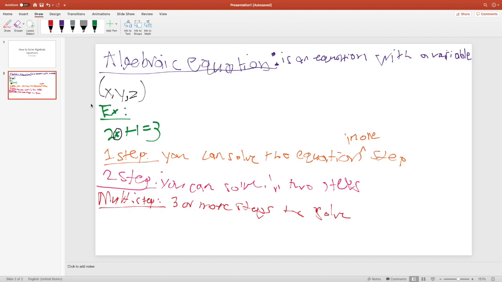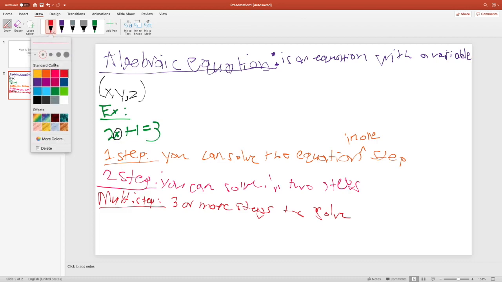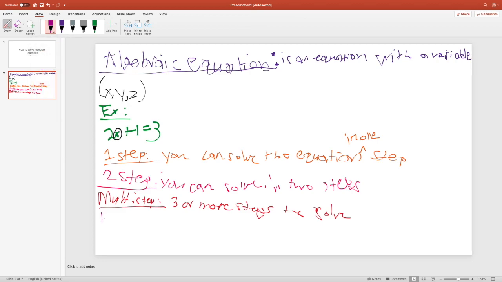Okay, and in these equations, there's one that doesn't really have a step amount. It's a literal equation.